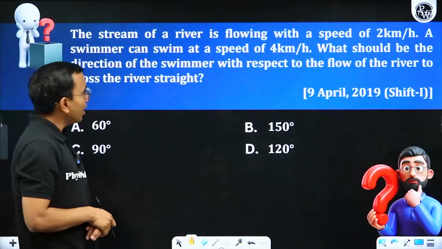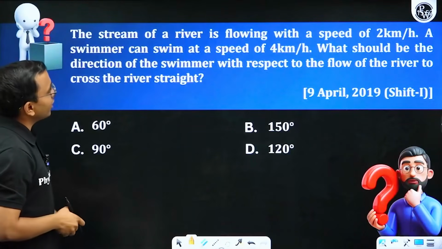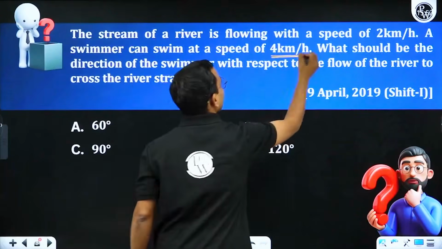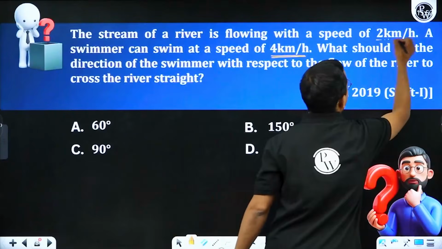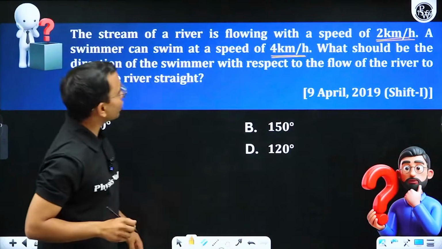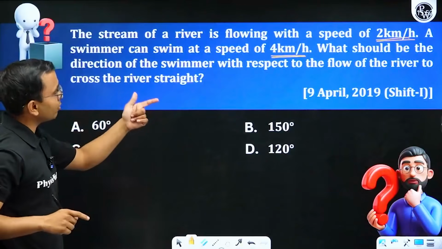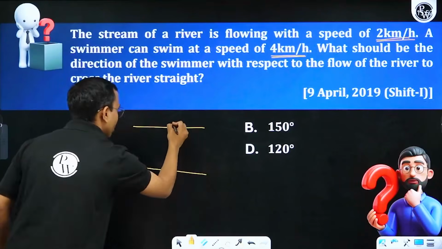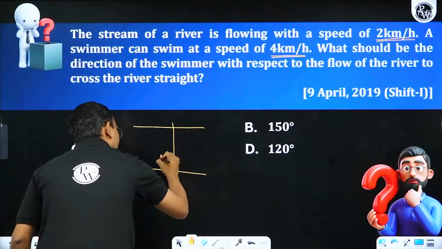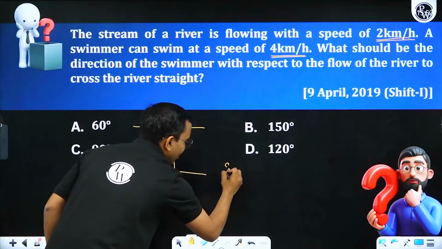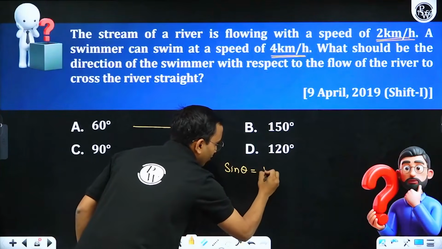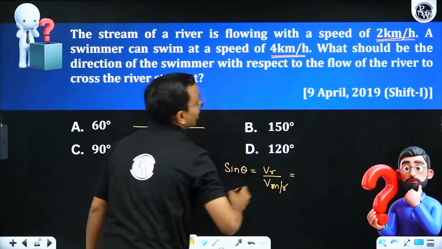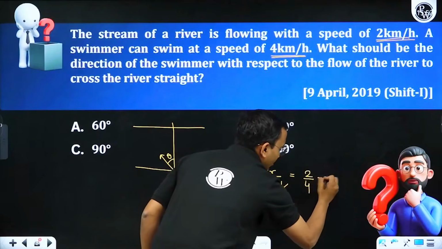Okay. Another question: the stream of a river is flowing with a speed of 2 km per hour. A swimmer can swim at 4 km/h. This is velocity of swimmer with respect to water or the river, and this is velocity of river. What should be the direction of the swimmer with respect to flow of the river to cross the river? So here it is the zero drift condition. We know this angle theta: sin theta is equal to velocity of river divided by velocity of man with respect to river, which is 2 by 4, that is 1 by 2.